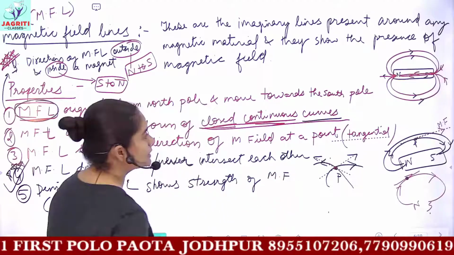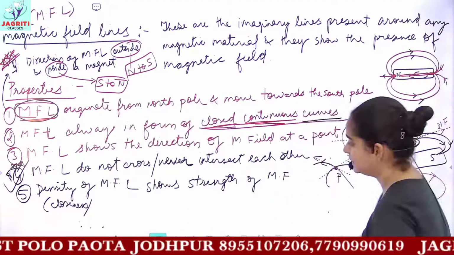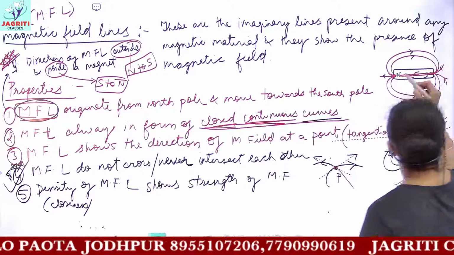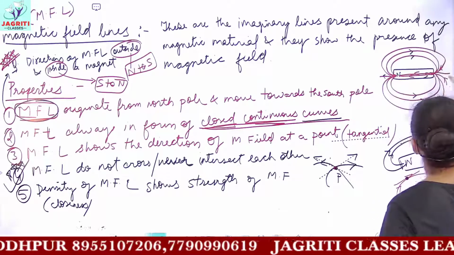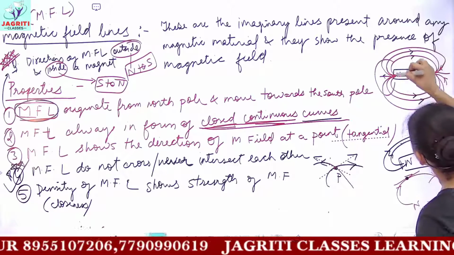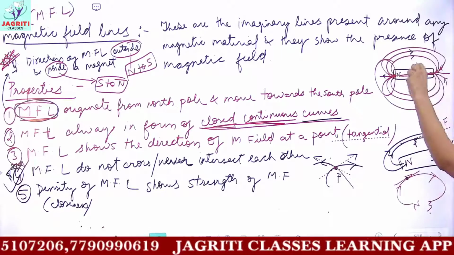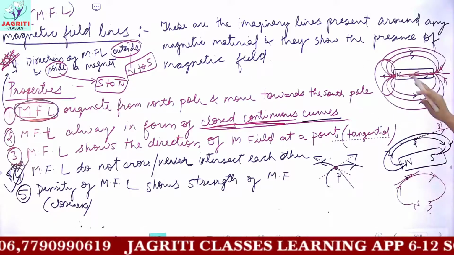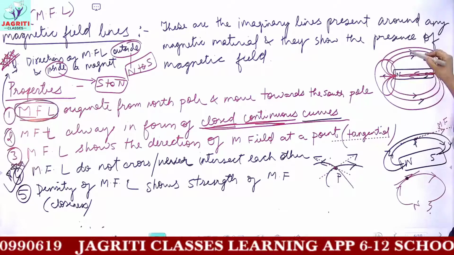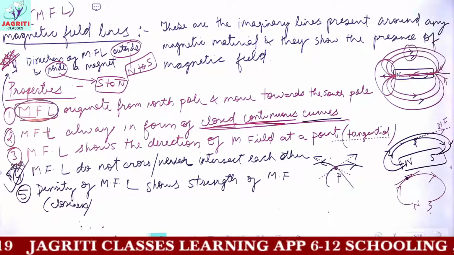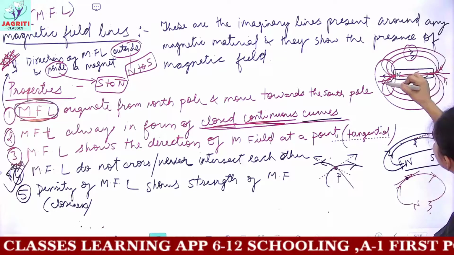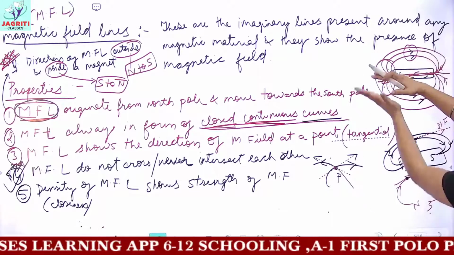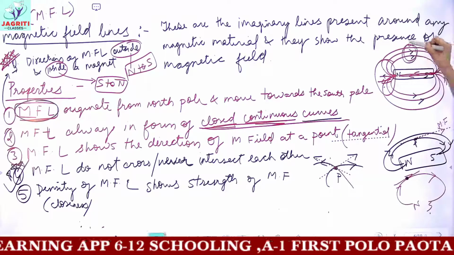If you see in the diagram, you can observe that near the poles you have high density. Here you have many lines present in a smaller area. But when you go far away from the poles, the number of lines decreases. Here you have how many lines? 1, 2, 3, 4, 5, 6, 7, 8. But here, if you go away from the poles, the number of lines decreases.